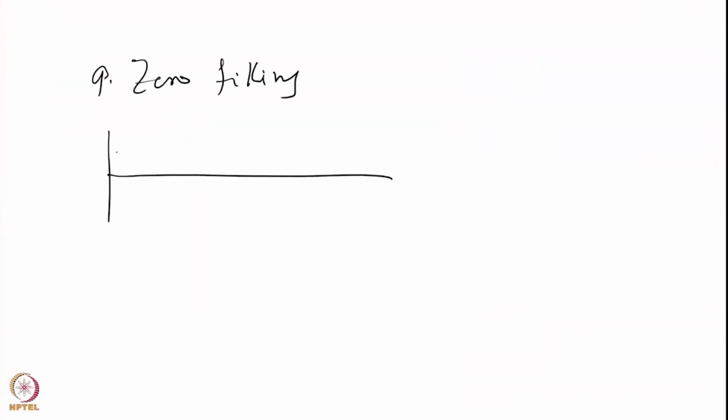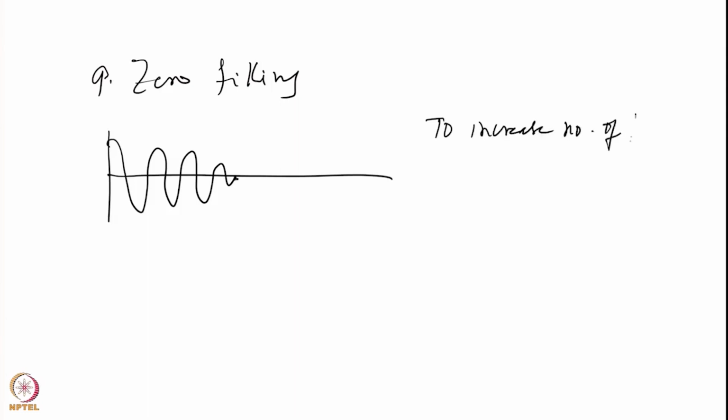Then, the last one I will mention is what is called zero filling. For the FID you have collected up to this point, to increase the number of points in your spectrum so that each signal is represented properly, you fill in zeros.